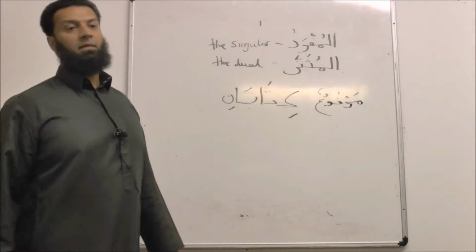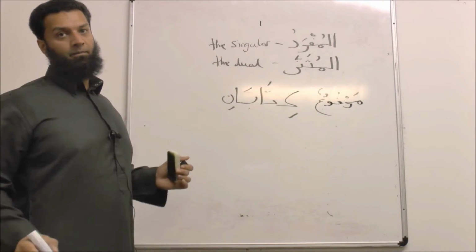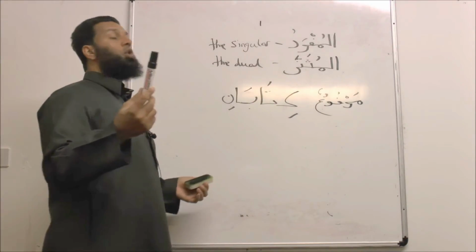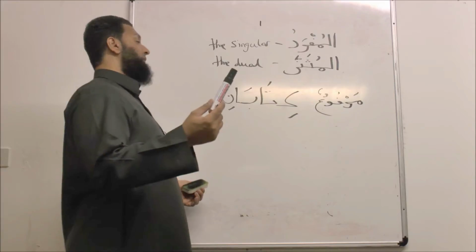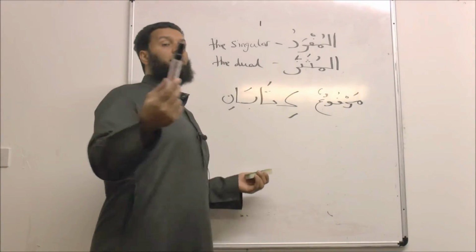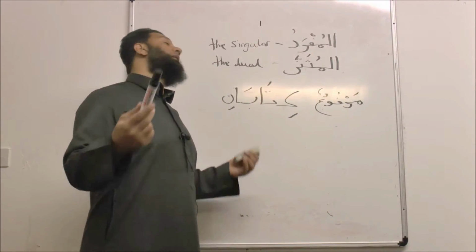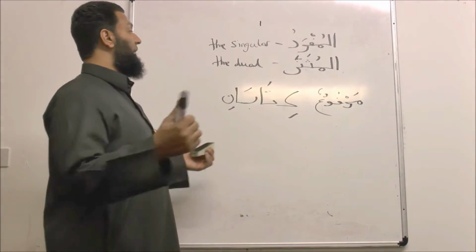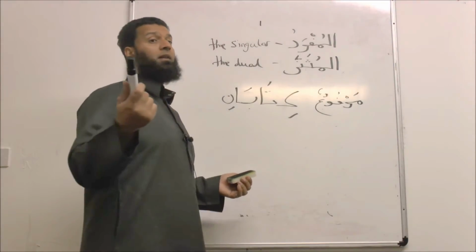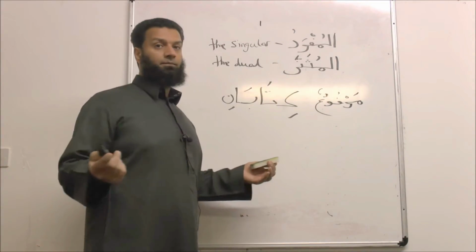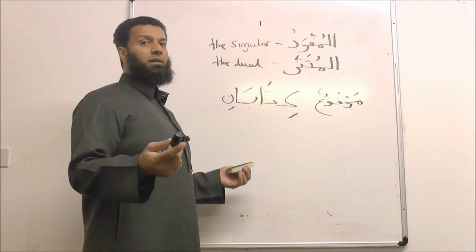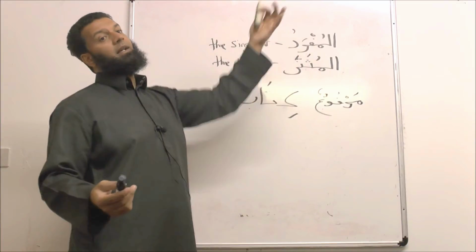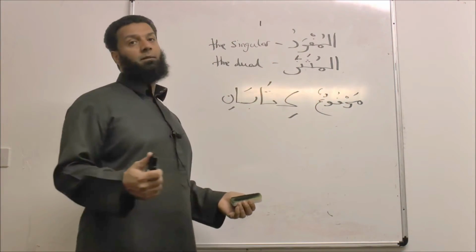Okay, so this is marfu'un, the ani sound. So, we have qalamun, a pen. How do we say two pens? Qalamani. We have baytun, a house. How do we say two houses? Baytani. Right? And so on and so forth. Clock, sa'atun, sa'atani.